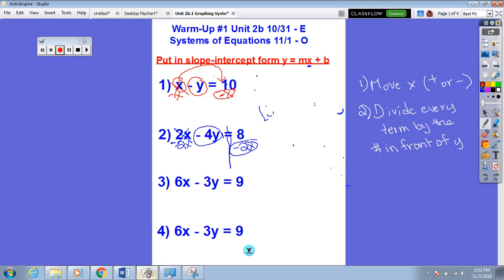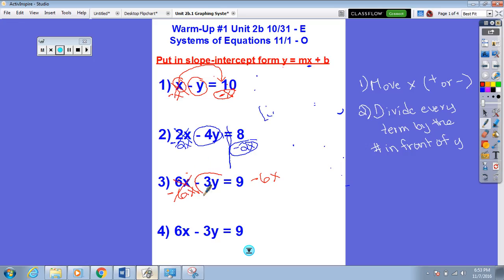Now, continuing with the same steps that we have over here, I first need to move x by either adding or subtracting. My x term is 6x and it is positive, so I will subtract 6x on both sides. So remember, the side where you did the opposite, it will cancel because one is positive and one is negative.